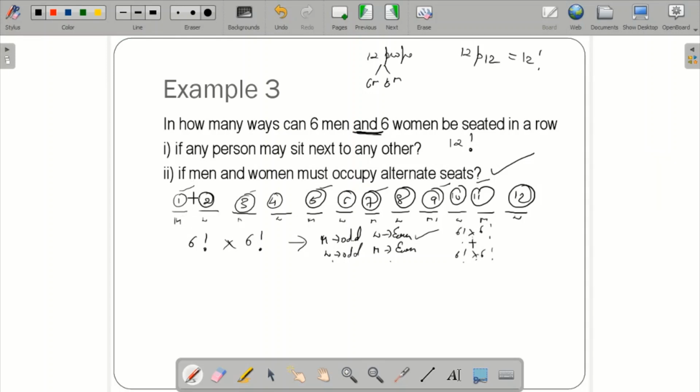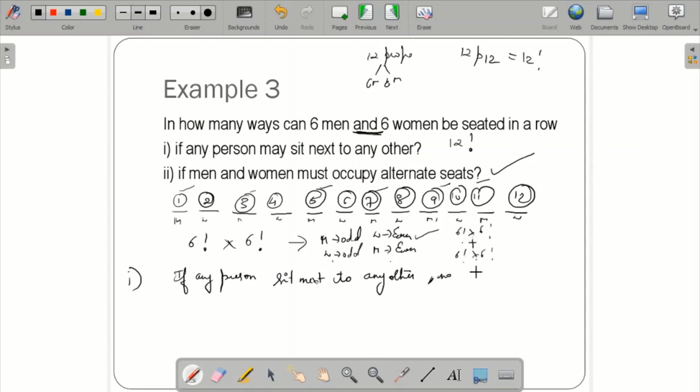So I'll write the statement for this. First problem, if any person sits next to any other, no distinction need to be made between men and women.